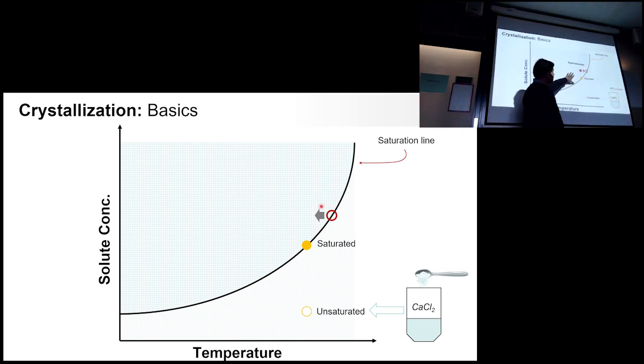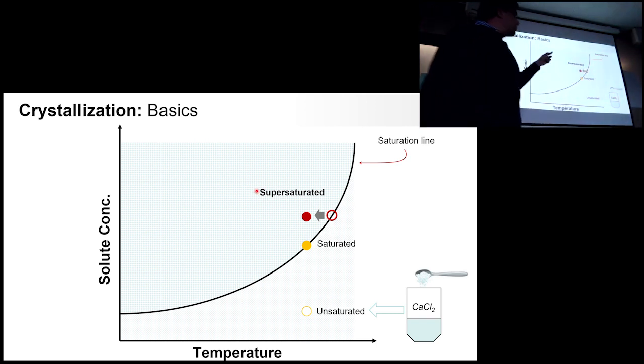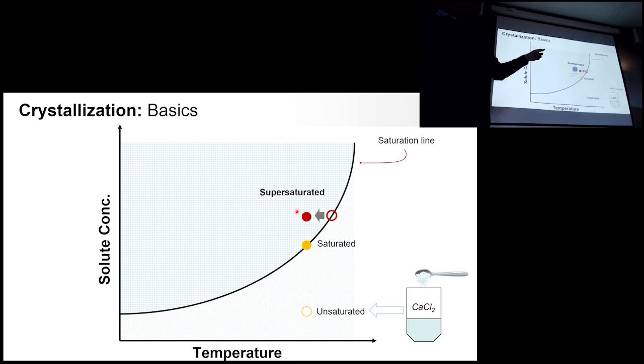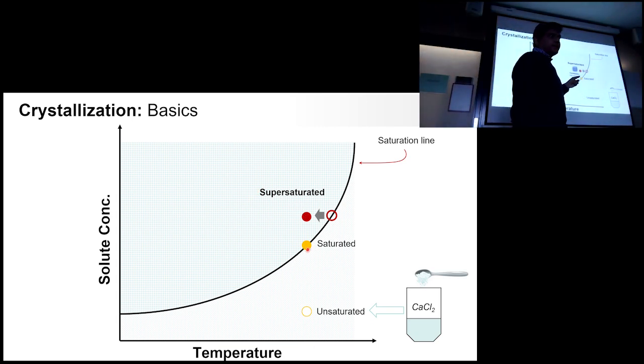So then we reach this point, which is now supersaturated. Supersaturation is basically the ratio of how much solute is currently there divided by how much should ideally be there. So here we have a supersaturation, and at this point, spontaneous nucleation can happen.